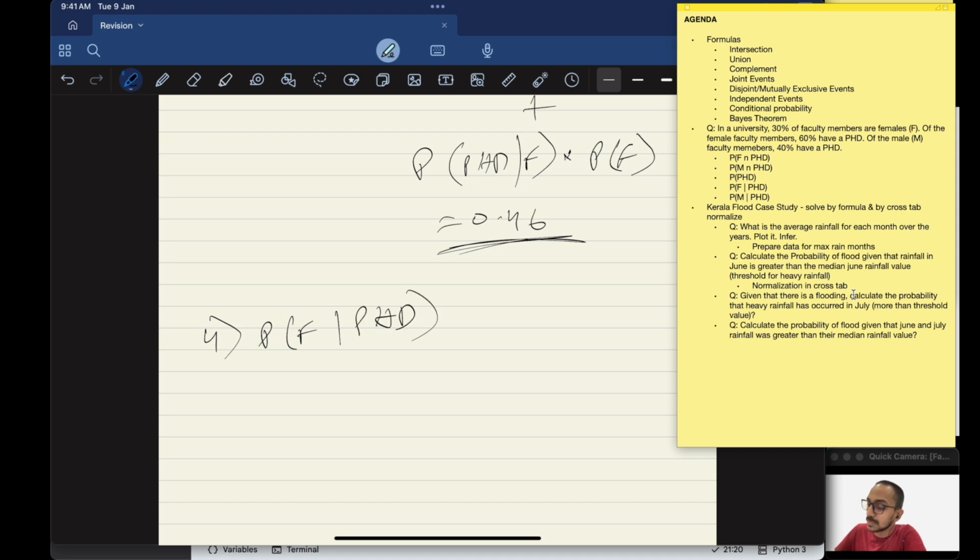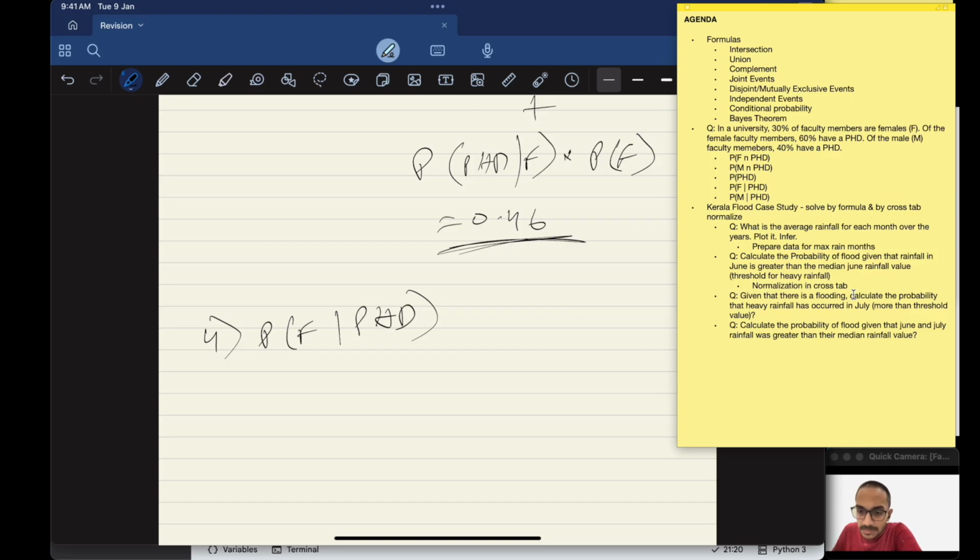P of female given PhD. Now the question is asking, when we choose a random person from this group, what is the probability that a person having a PhD is a female person? When we choose a random person and that person is already a PhD, what is the probability that it's a female?